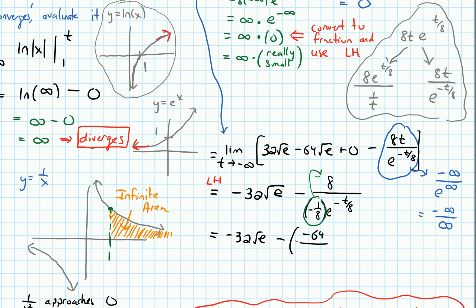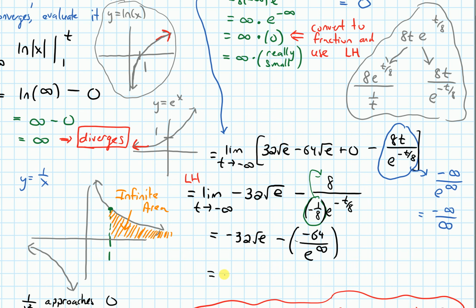On the bottom, whoops, I forgot to write my limit here. Okay, let's shift that over. So equals the limit as t goes to negative infinity. Okay, I've got to put an LH over that equal sign. And now I'm plugging in what t is approaching, so I get to stop writing that limit in front. And on the bottom, I'll get e to the infinity.